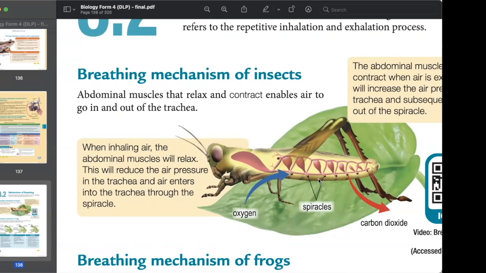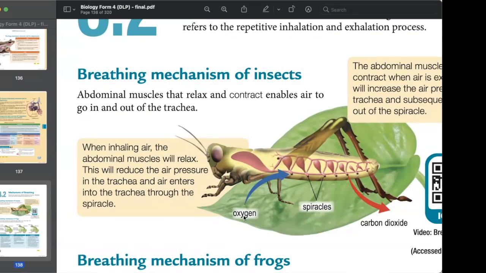Kenapa kita kena cerita pasal air pressure? Sebab we want to compare the air pressure inside the trachea and also outside the surrounding. So when the air pressure in the trachea is lower than outside, this will enable the oxygen to enter into the trachea through spiracle. Awak ingat lagi tak dulu cikgu pernah ajar the difference of pressure.